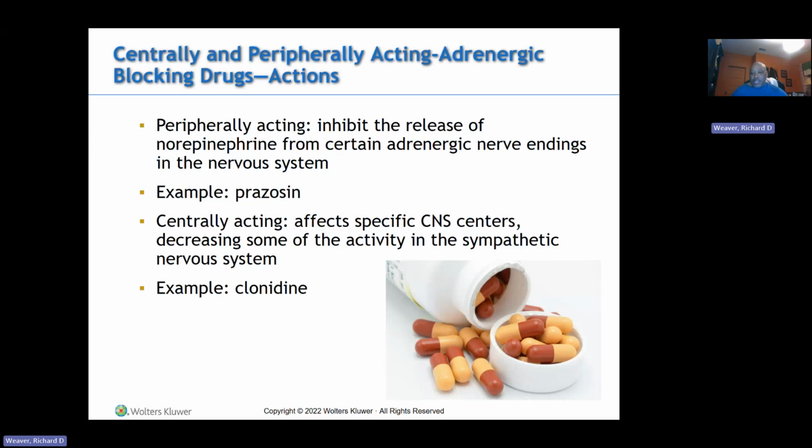Although the action of both types of antiadrenergic drugs is somewhat different, basically the result is pretty much the same. An example of one of the centrally acting antiadrenergic drugs is clonidine, or we also call it Catapres.